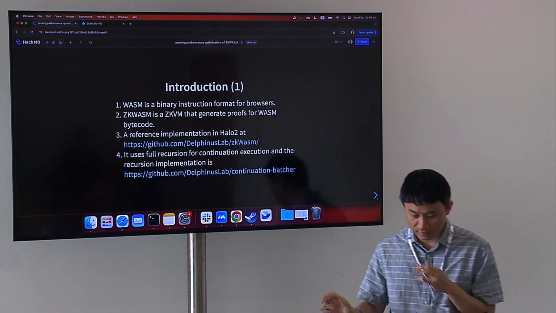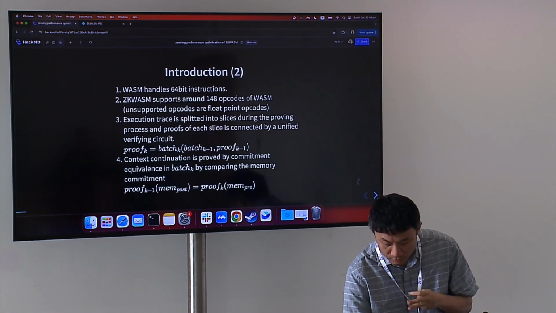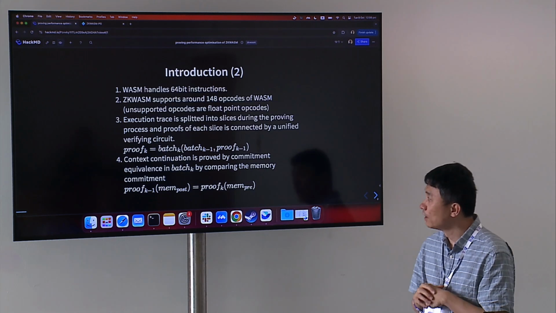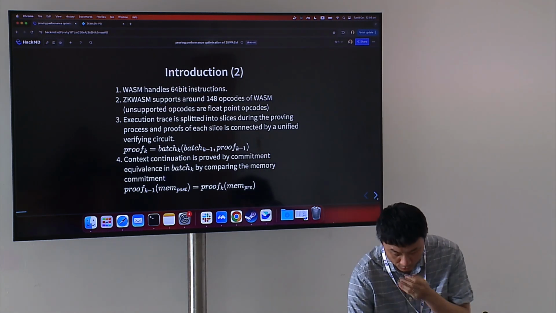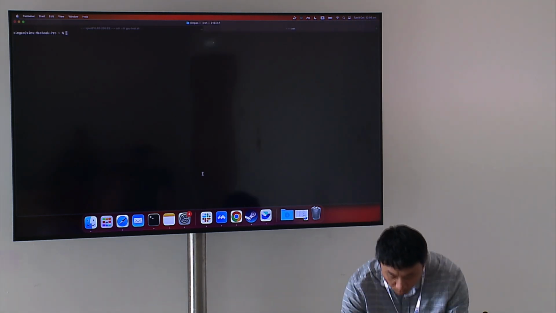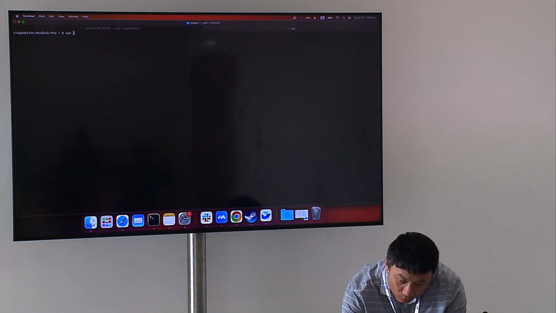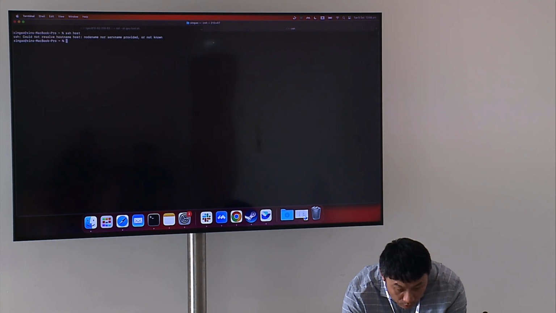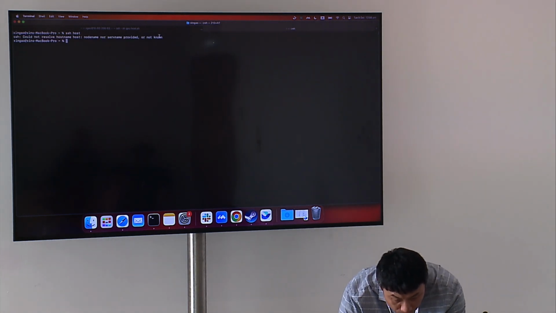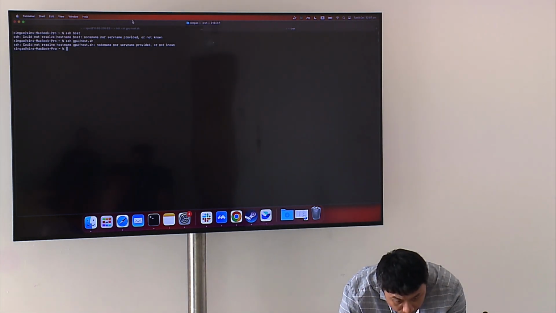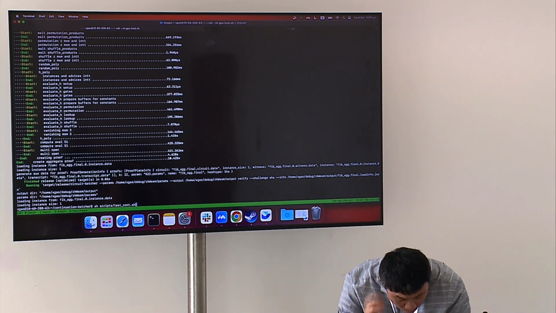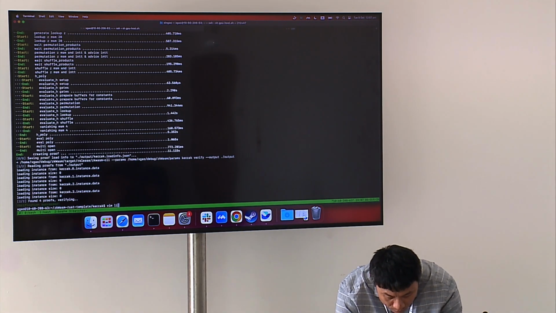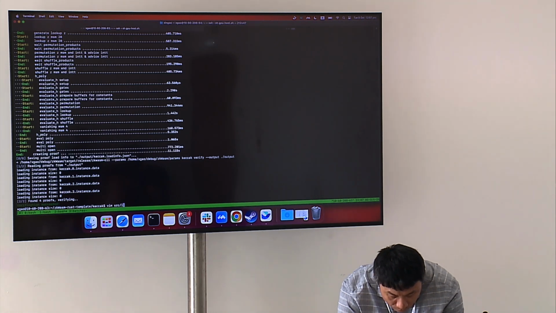Okay, so what does that mean? That means we split the whole execution of the WebAssembly. Let me show you a simple example.